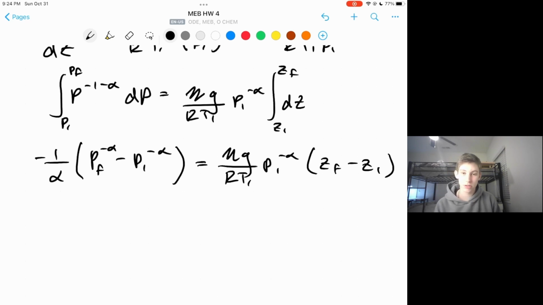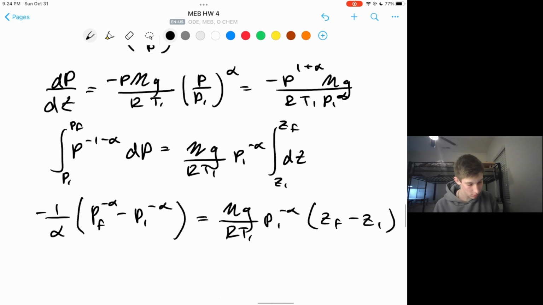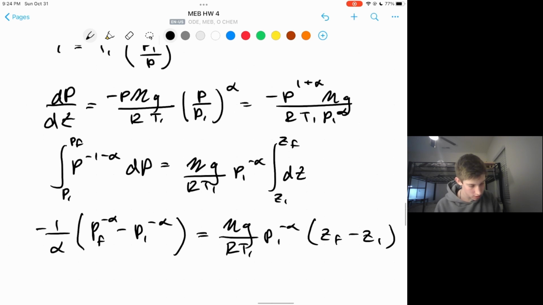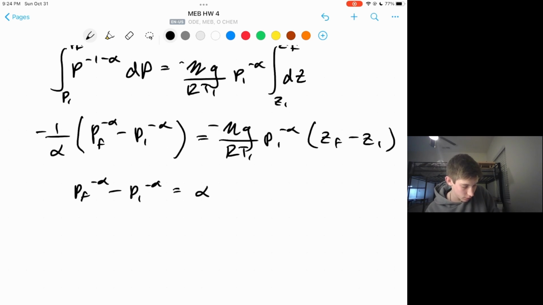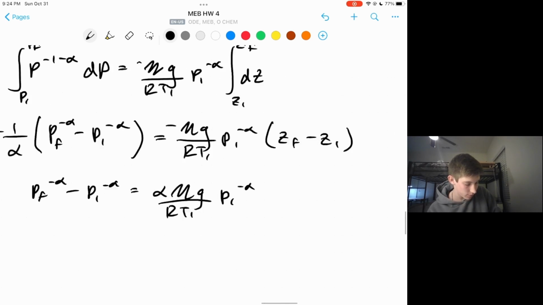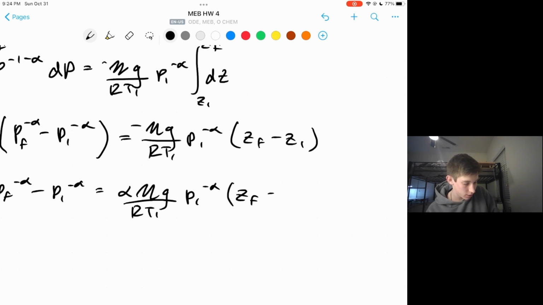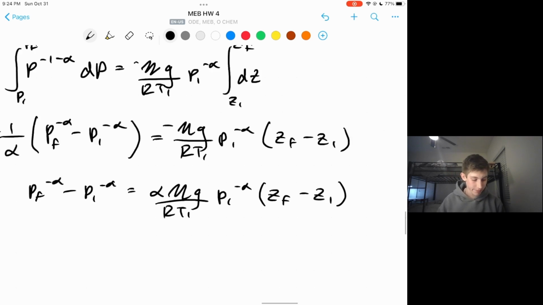I'm going to multiply both sides by, one second, I think I'm missing a negative sign. Yes. Multiply both sides by negative alpha, so we have P final to the negative alpha minus P1 to the negative alpha equals alpha times molecular weight times G divided by R T1 P1 to the negative alpha, all multiplied by the difference in altitude.